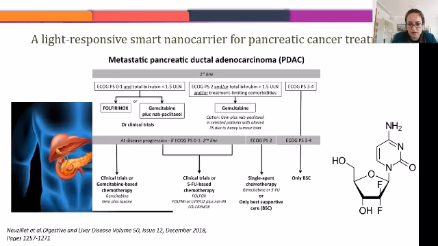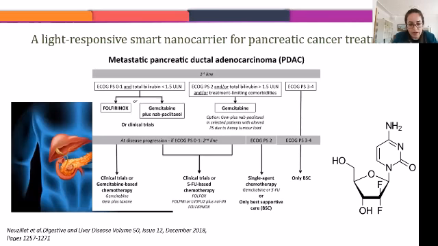It is clinically used in combination with different drugs, but it is not effective yet. There are some other clinical trials going on for treating pancreatic ductal adenocarcinoma.